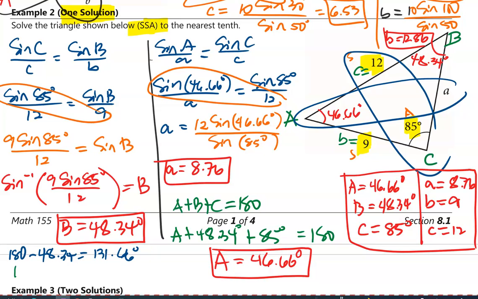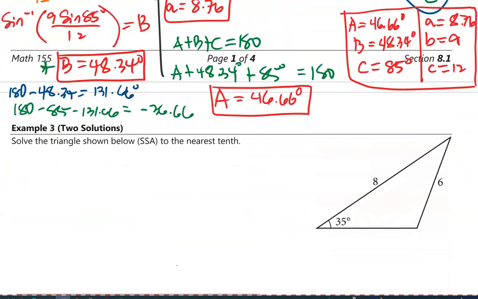So 180 minus 85 minus 131.66, and we'll get approximately negative 36.66, which is impossible. It's a negative, so that's why for your angle B there's only one solution, which is 48.34. Okay, now let's try the next example with two solutions.